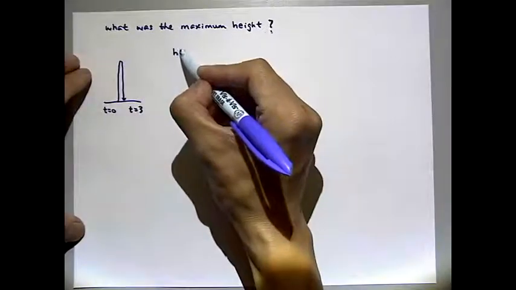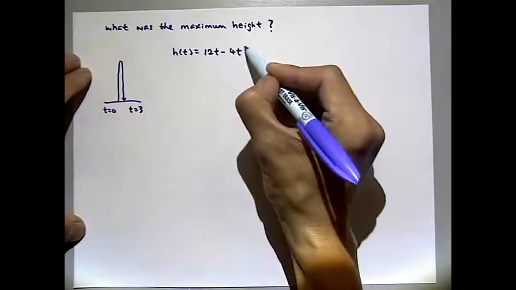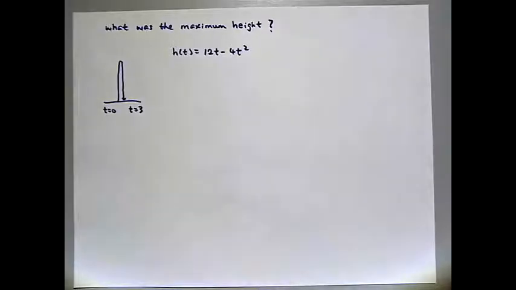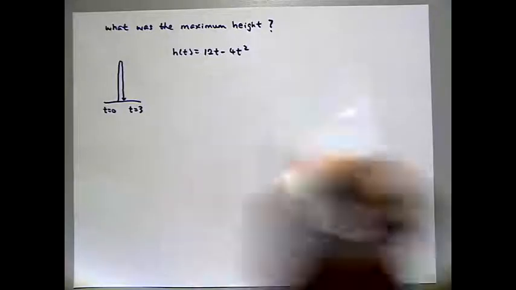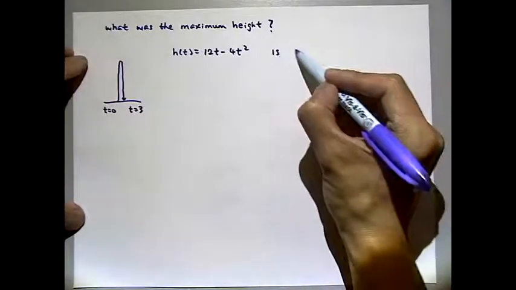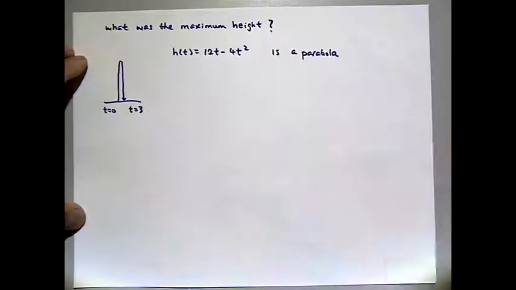And the equation h of t, 12t minus 4t squared, this is a parabola. We know that. If you don't like t, change it to x and deal with it. Same thing, right?